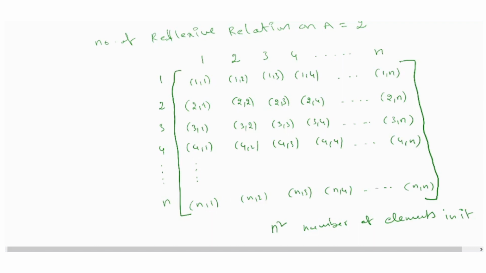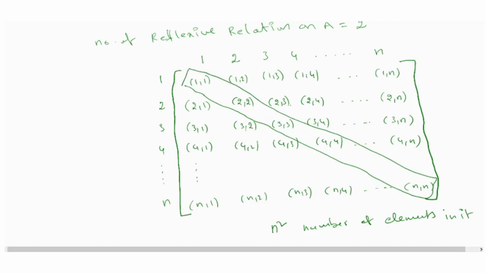And now here these elements we can divide into two categories. These elements are the principal diagonal elements. The remaining are the elements other than the principal diagonal.